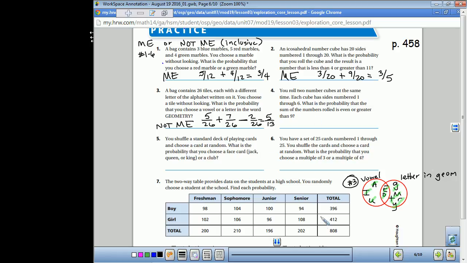Okay, read number 4. Decide if it's mutually exclusive or not mutually exclusive.